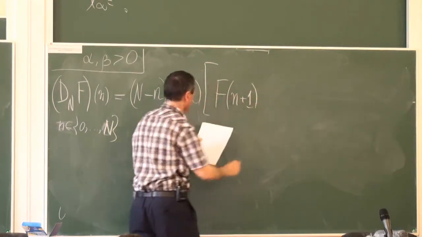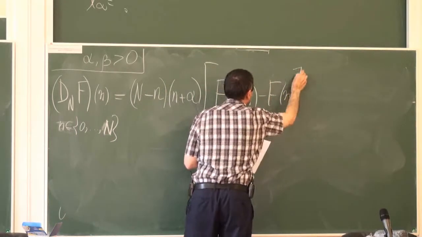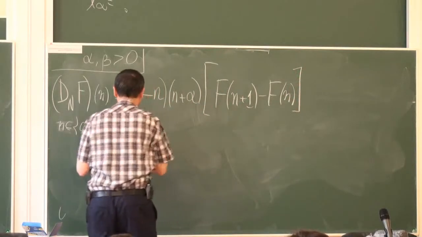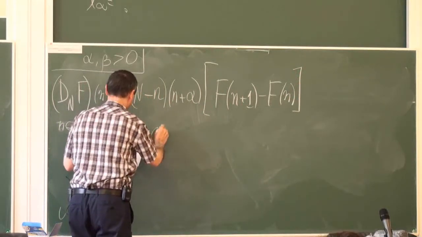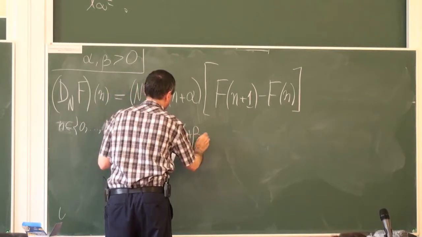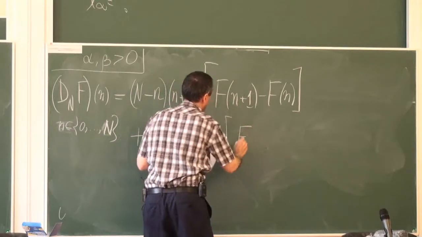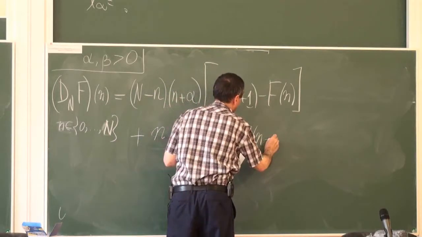This is the forward derivative, and this is the backward derivative, minus the backward derivative, actually.